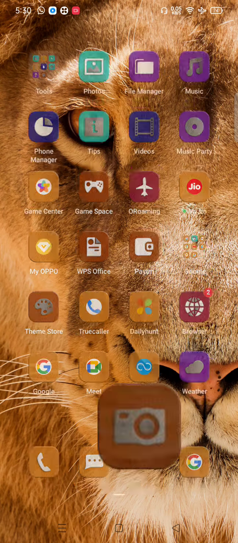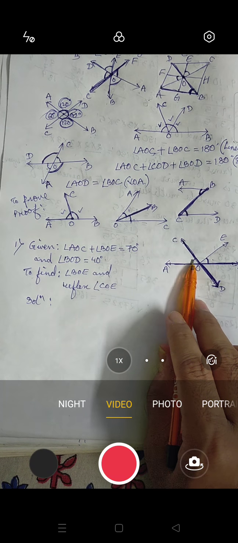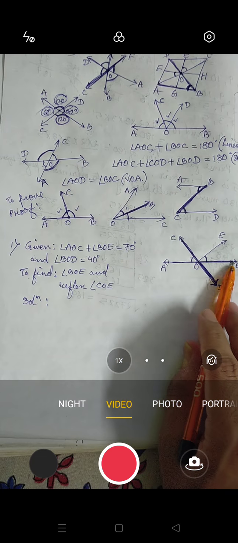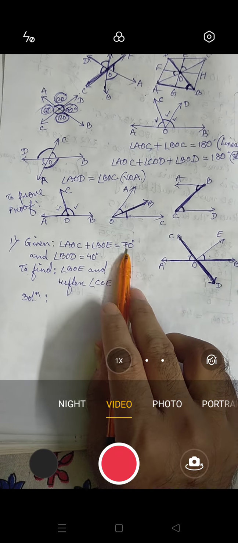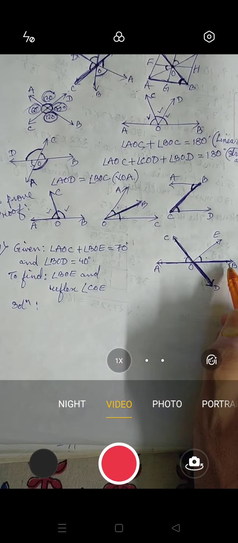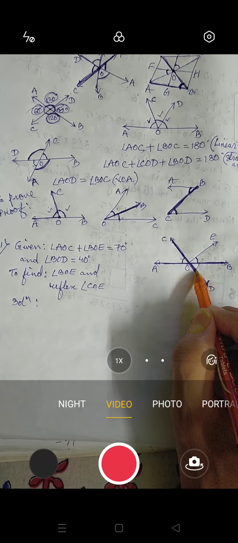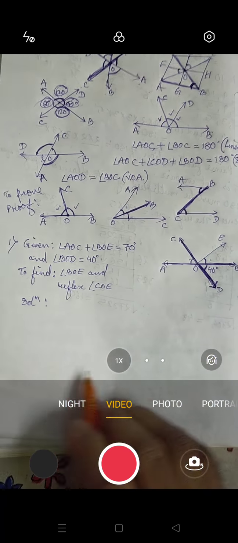Angle AOC, that means this angle, and angle BOE, that means this angle. If you add these two angles, you will get 70 degrees. That has been given. Angle BOD, that means this, is 40 degrees.